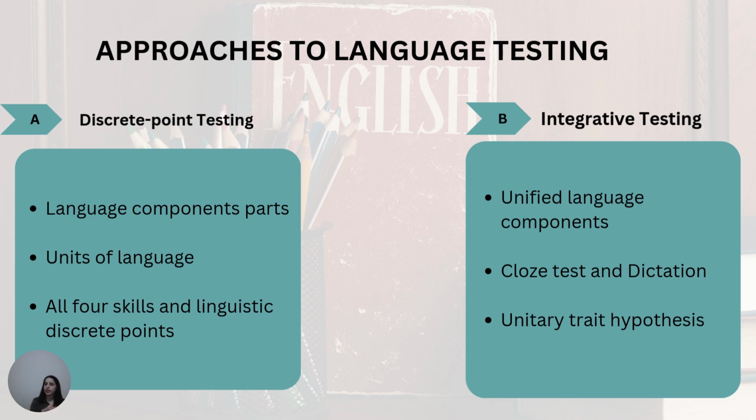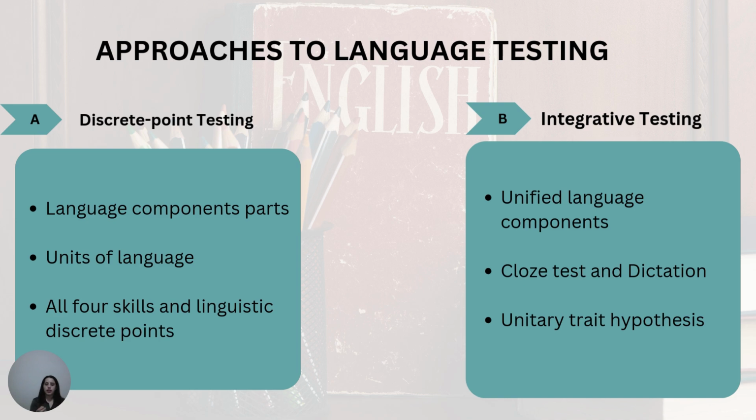That's why they say with dictation and cloze tests you can really measure your students' knowledge of unified language components correctly. Okay, and they say we have the unitary trait hypothesis, which is that you use your language and components together. You cannot separate them solely, and testing them separately doesn't work, because in a natural way language is not like that.